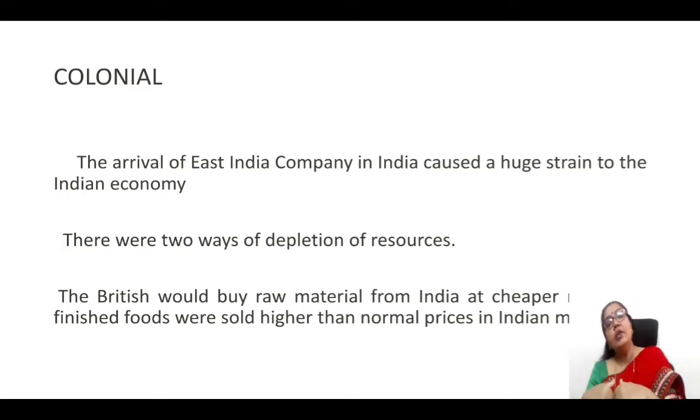So they took away all these resources from India for a very cheap price, and they took it home, converted it into finished goods, and once the finished goods were done, they were again brought back to India, and sold at an abnormal or a much higher price in all the Indian markets. So basically, it's our raw materials which they took away, again brought back to India, and sold for a very high price.